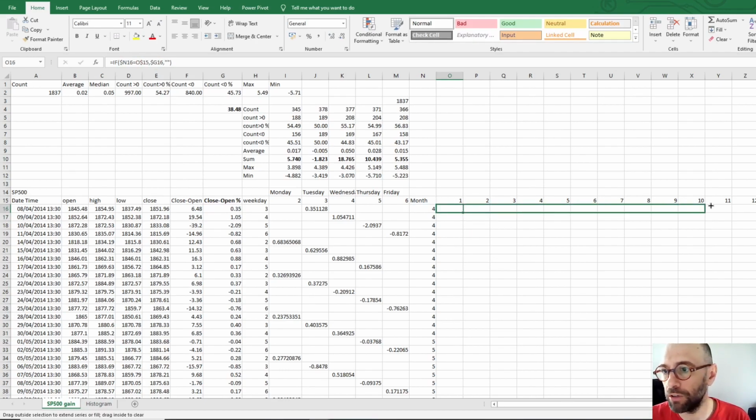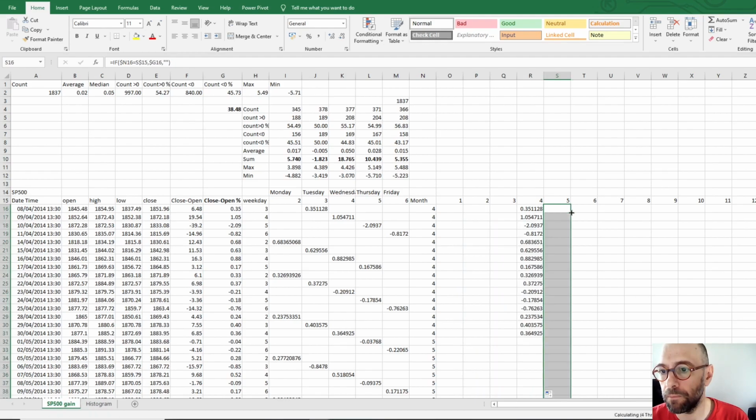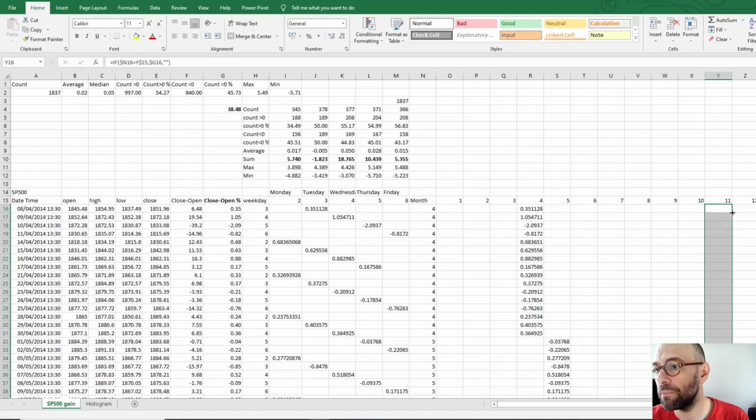Now we can calculate for all of them. So just very quickly, we populate the rest of the cells. Just double click on the corner, and you get everything populated all the way to the last row of this column, to the last row that contains data. So now there we go, we have the data there.